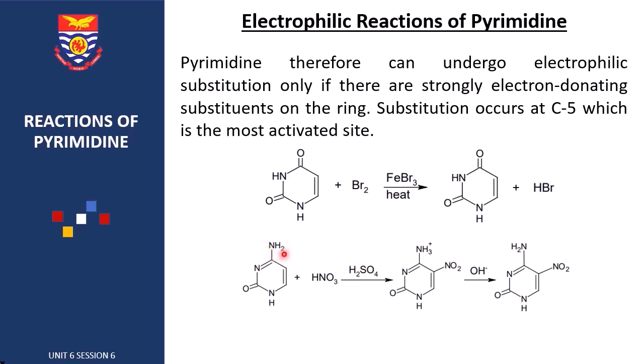The presence of an electron donating substituent, typically in this case the amine group, increases the reactivity of the ring. So it activates the ring towards electrophilic substitution reaction, and the incoming substituent, which is the electrophile, goes to your carbon number 5 position. If you want to count, you have the heteroatom as number 1, 2, 3, 4, 5. So the 5th carbon position is where the incoming electrophile attaches itself.